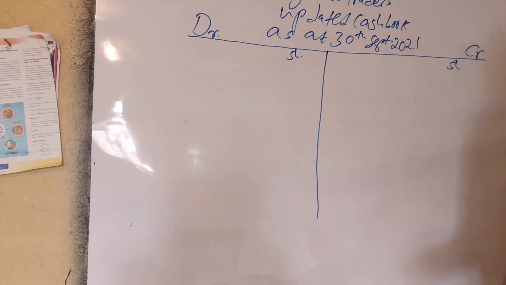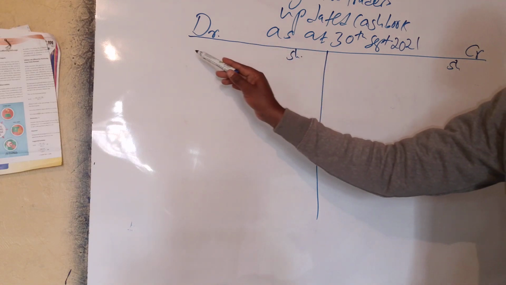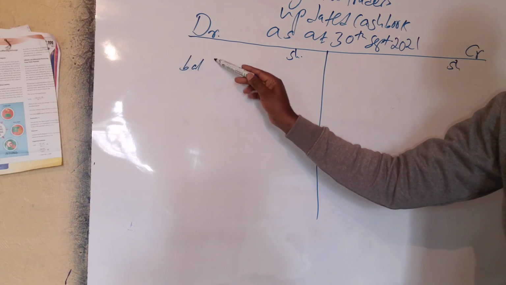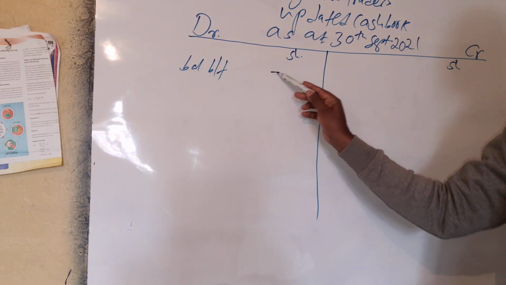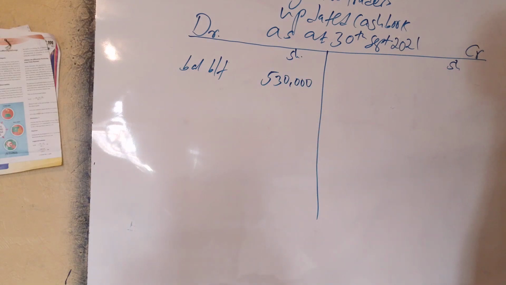Already in the question, we are being told the opening balance. The opening balance for this cash book is on the debit, and it is 530,000. So we record here balance brought forward, 530,000. From there, we go note by note.